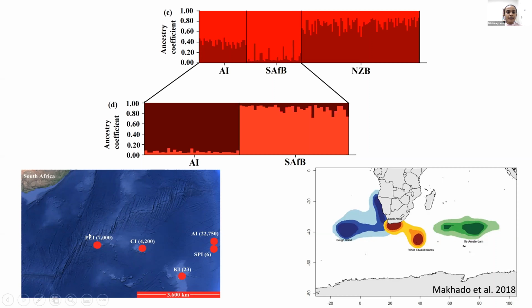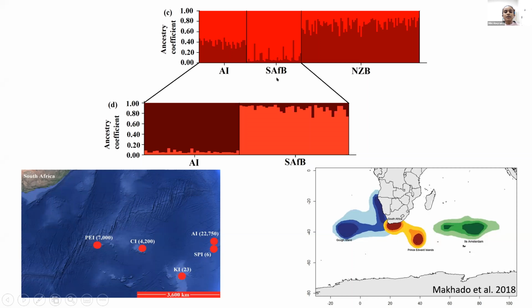So when we look at the number of breeding individuals on each of the islands for breeding of Indian yellow-nosed albatrosses, we can see that there are only three islands that harbor a considerable number of breeding individuals: the Prince Edward Island, Crozet Island, and the Amsterdam Island.